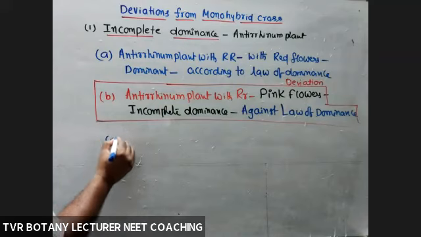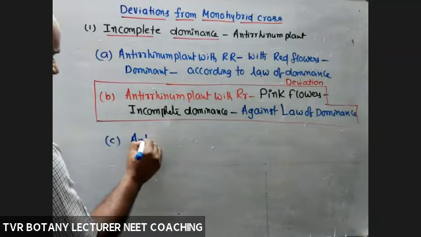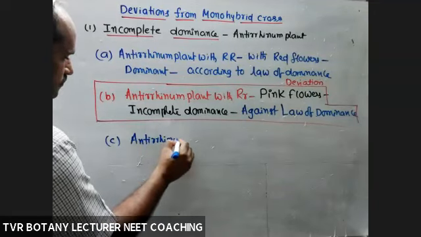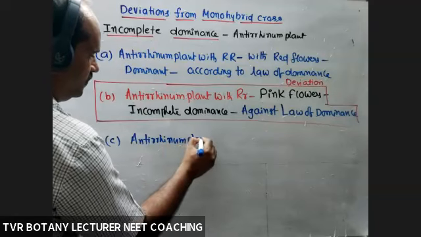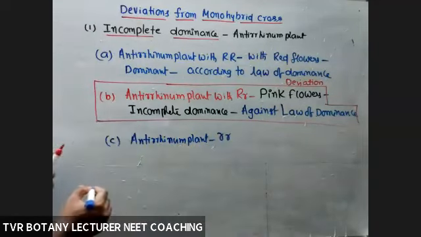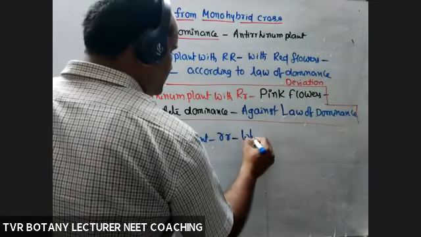Next, see, antirrhinum plant with small r genotype, producing what type of flowers? White.